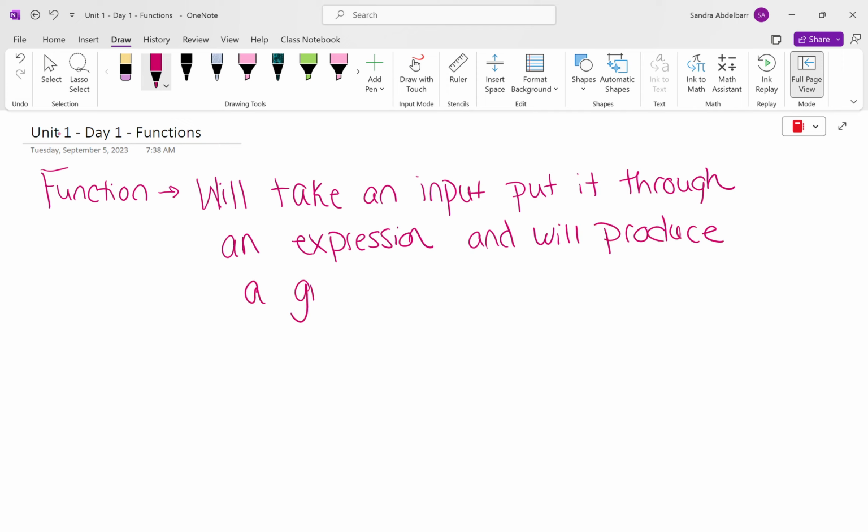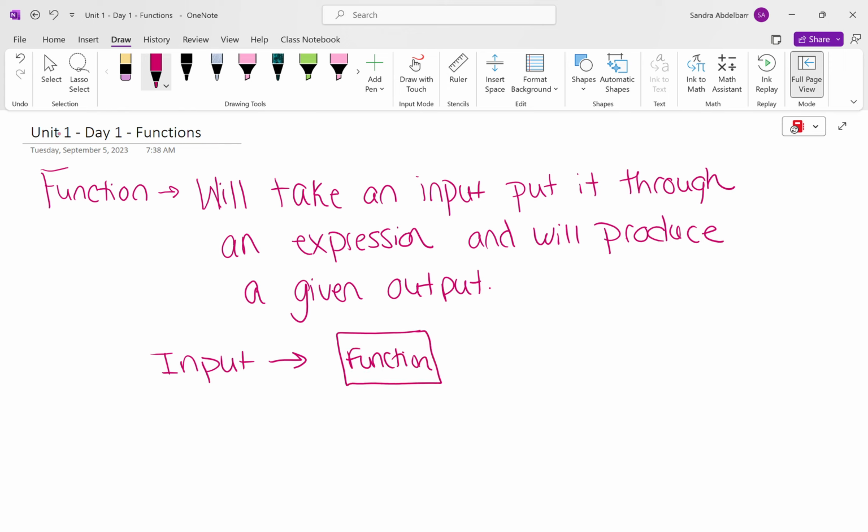So it usually has something like this. We input some value, it goes through the function, and then it will output something from that.